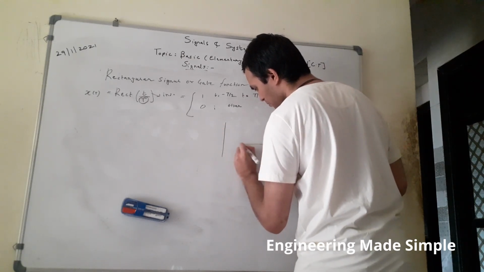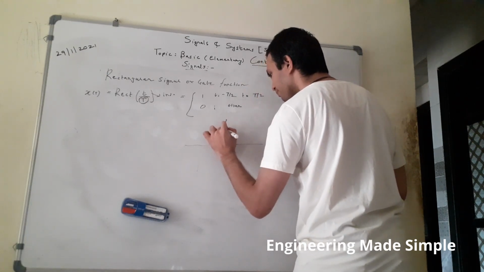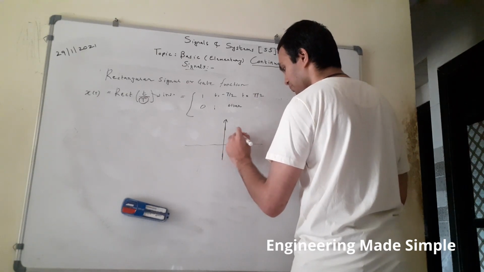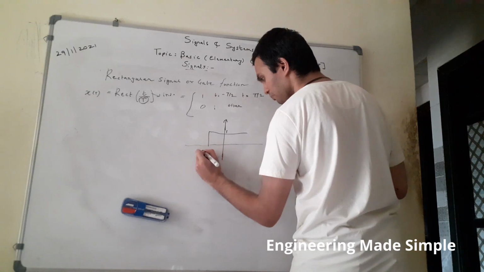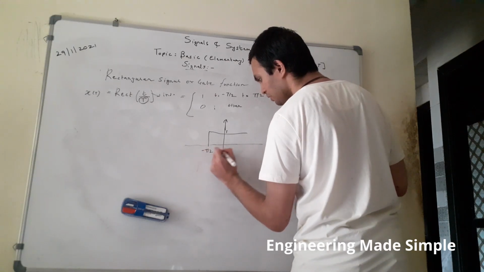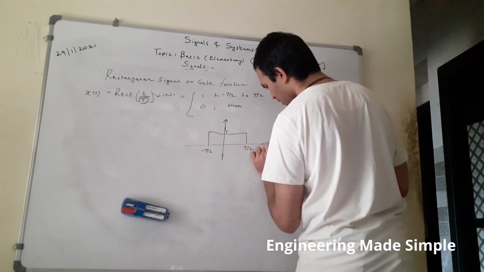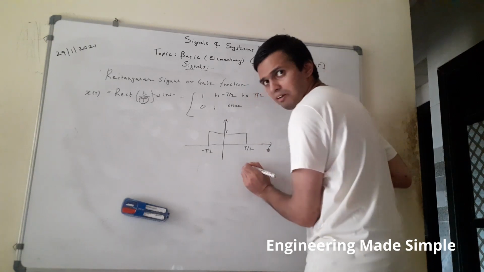So now let us plot this rectangular signal or gate function. Its value is 1 between minus T by 2 to plus T by 2 for the independent variable t. Have a look at this one.